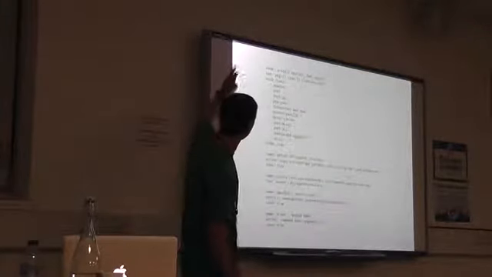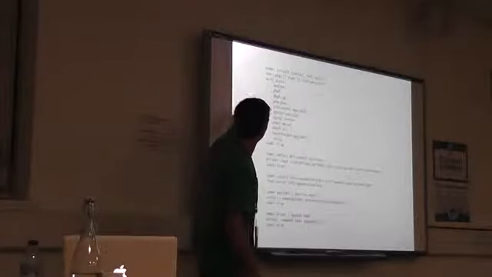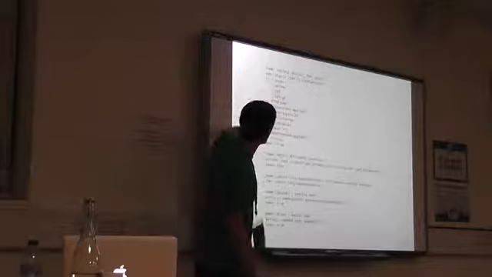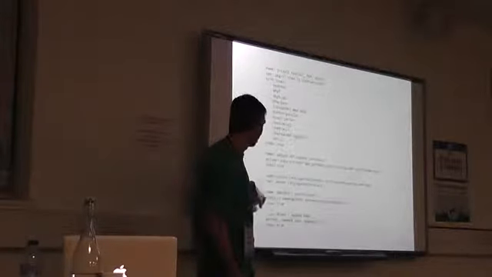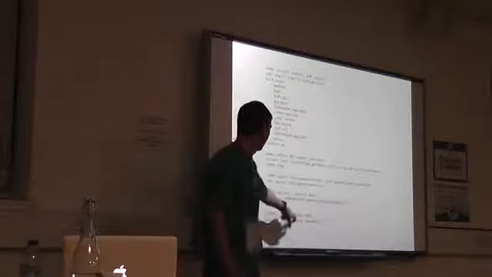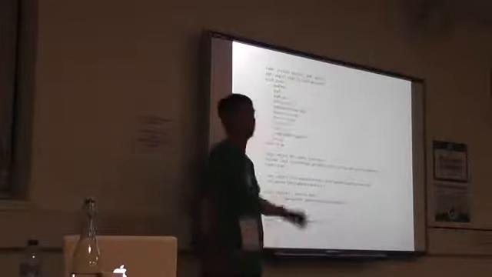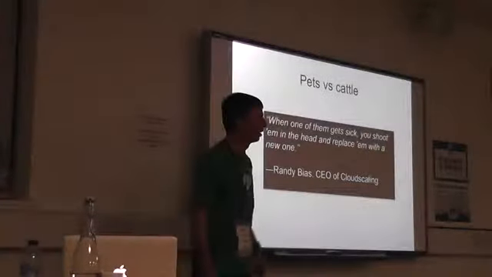Here's a little fragment from an Ansible file configured in YAML. It does things like you can specify the apt packages you want installed. You can start services, make sure that Apache is running. You can install things via PEAR and so on and so forth. And again, you get a known configuration on every server.